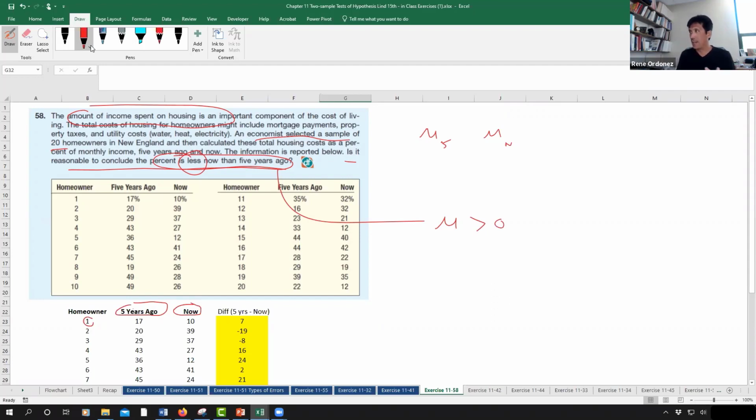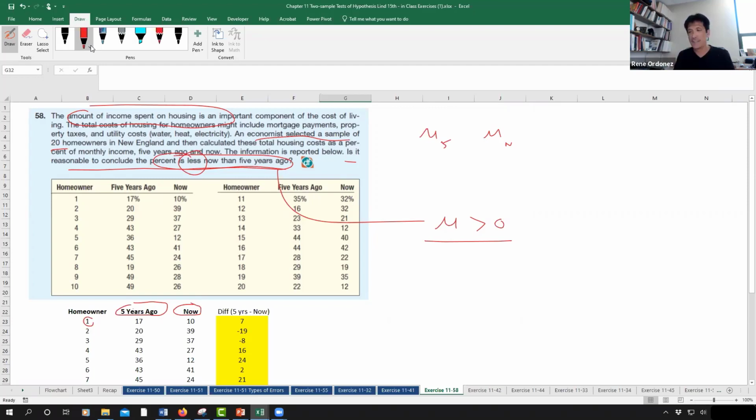Okay, are we okay so far? If it is less now than 5 years ago, then the numbers in the now column will be smaller than the numbers in the 5 years ago column. So that is represented in this manner. Are we clear so far?